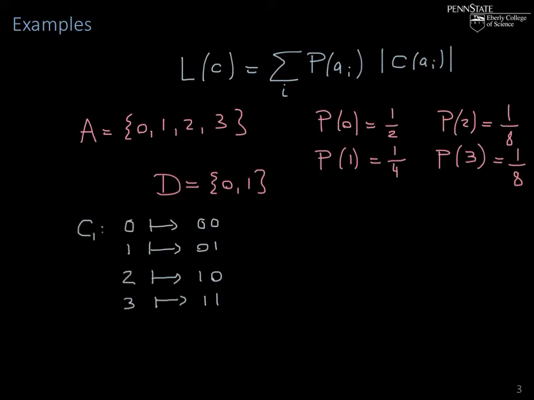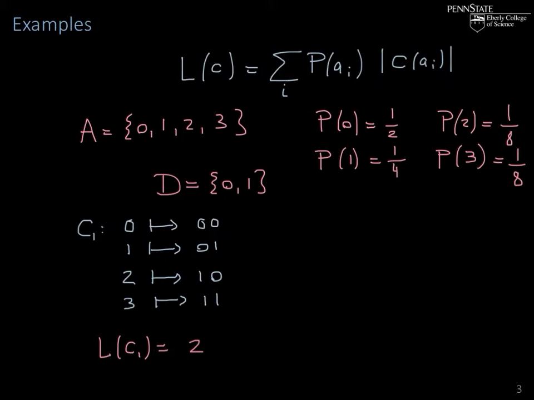One way to do this, since we have 4 outcomes and only 2 possible symbols in our coding alphabet, is to assign every outcome a 2-bit code word. So 0 to 00, 1 to 01, 2 to 10, and 3 to 11. Then, of course, the expected code length is 2, because every code word has length 2.